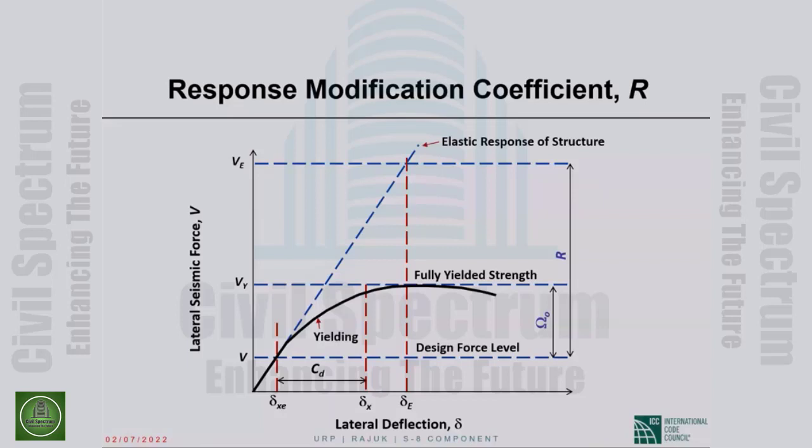When we elastically analyze our structure under those distributed forces, we get lateral displacements at the various floor levels. The lateral displacement at floor level X is denoted by lowercase delta sub X E, E for elastically computed. So delta sub XE is the elastically computed lateral deflection at floor level X under the code prescribed seismic forces.